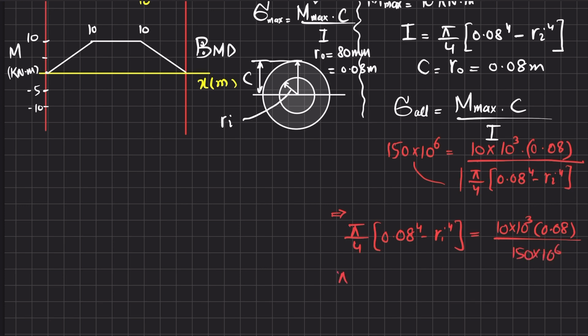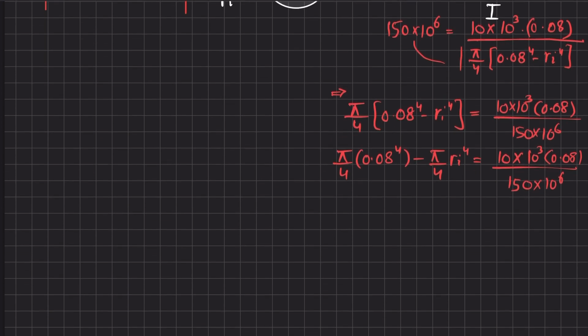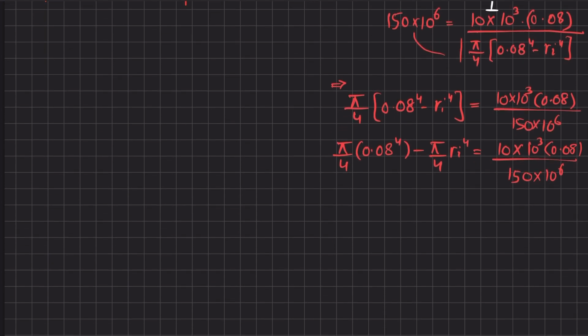So if you expand it, it will be equal to pi by 4 into 0.08 power 4 minus pi by 4 Ri power 4 is equal to this term. And now you need Ri.